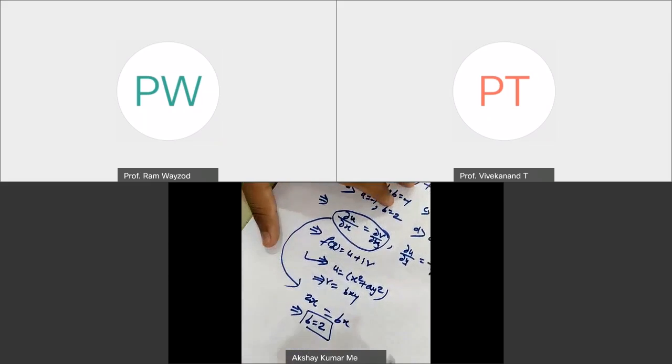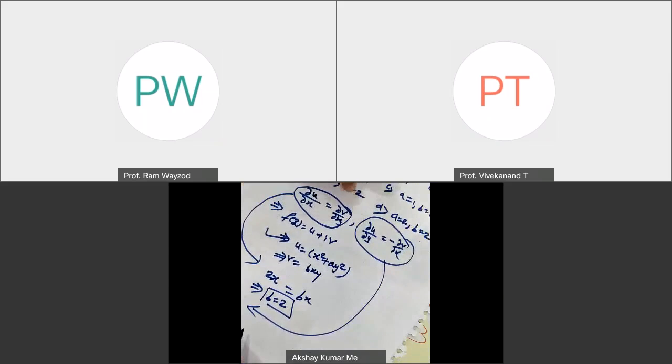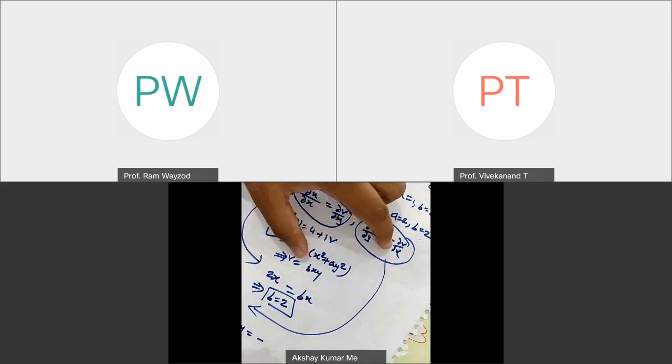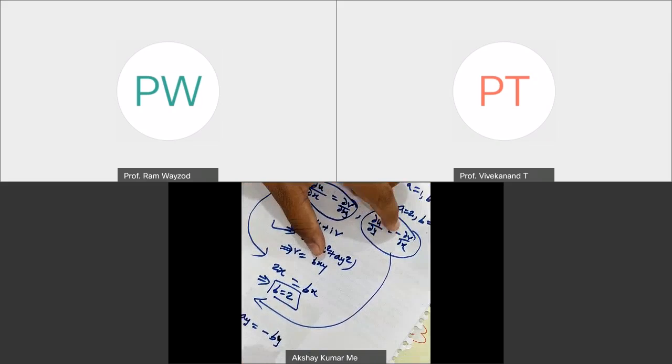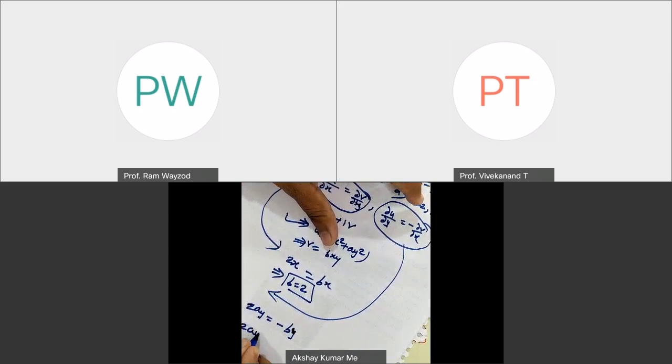Next, del u by del y: differentiate u with respect to y. So we get 2ay is equal to minus del v by del x, which gives minus by. So 2ay gets cancelled, and we get minus the value of b, which is 2.